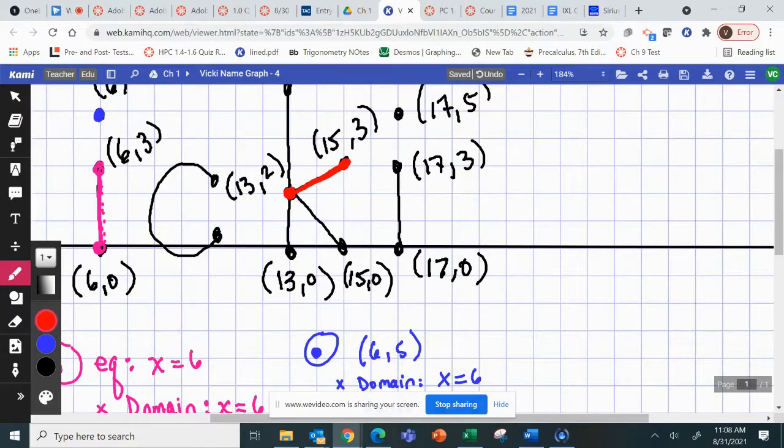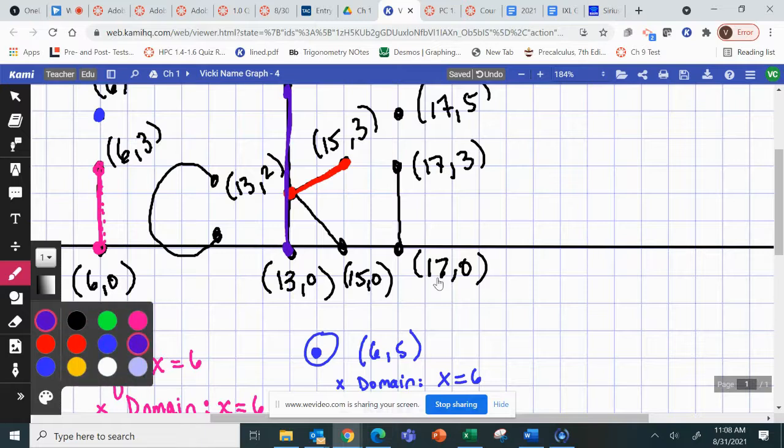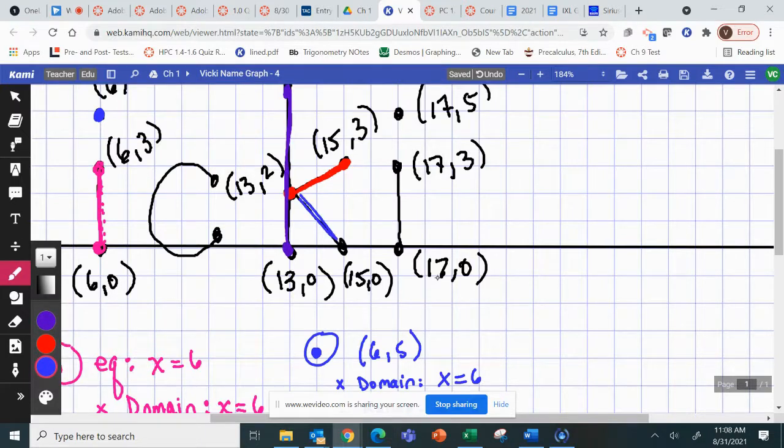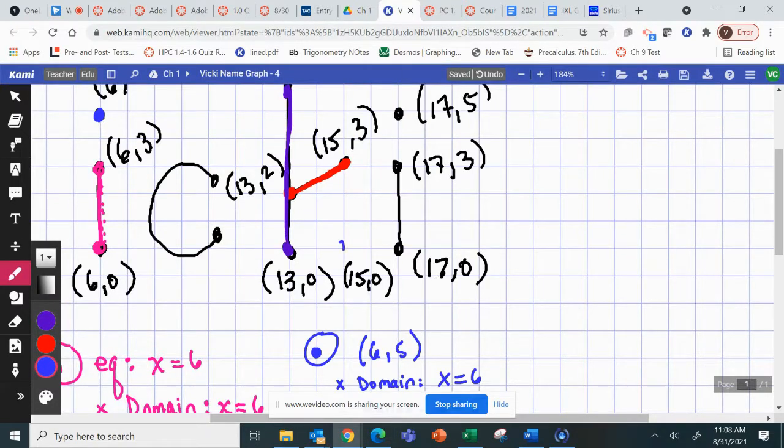In my K, if I were coloring all the pieces, I would also have a vertical line, which I've already showed you, and then another diagonal line. So I'm going to have 3 parts to my K. I'm going to do the red part. So I'll just call this red K, just trying to stay organized here. And the 2 ordered pairs for red K are 13, 2 and 15, 3.